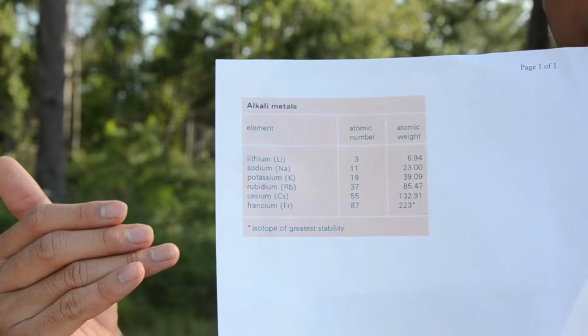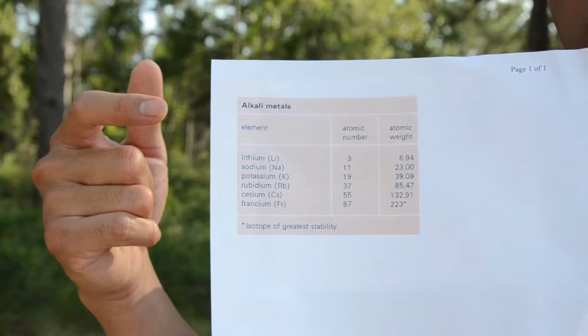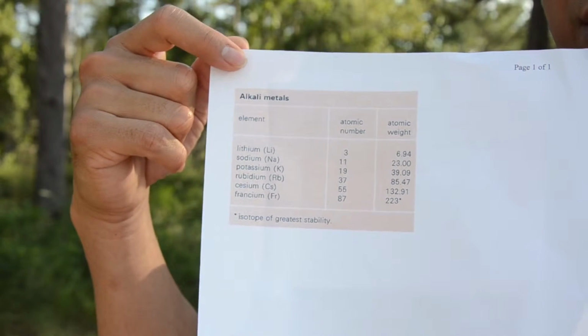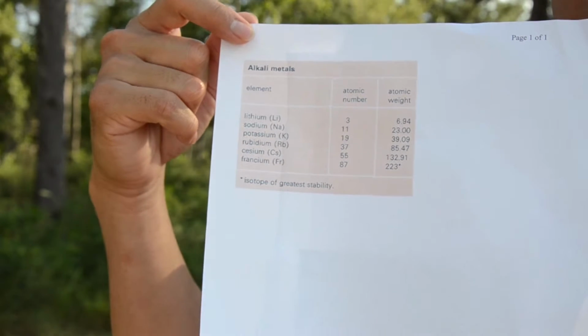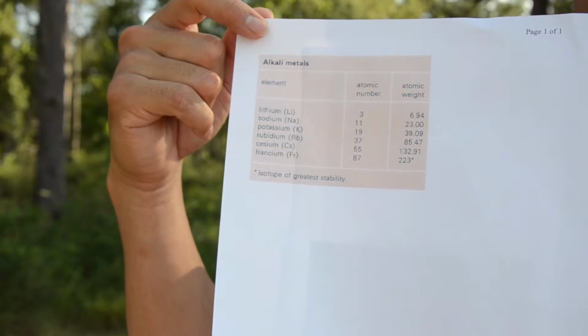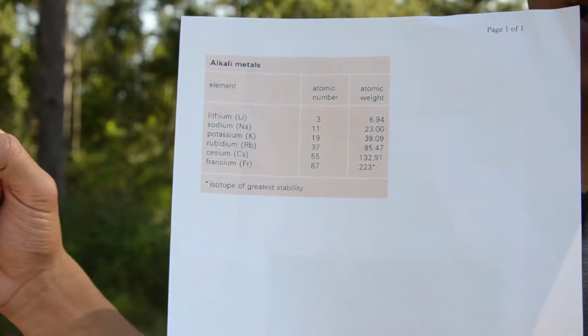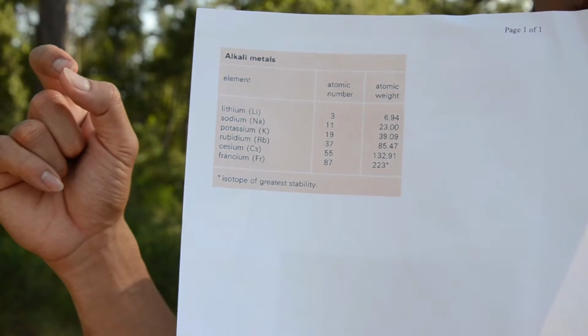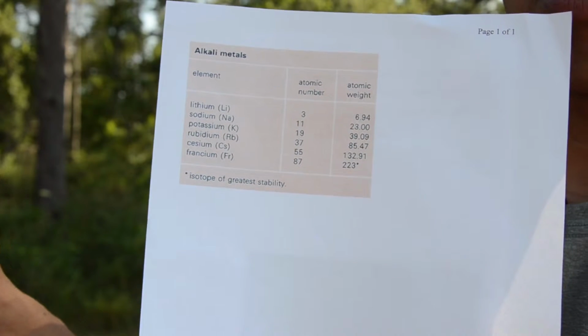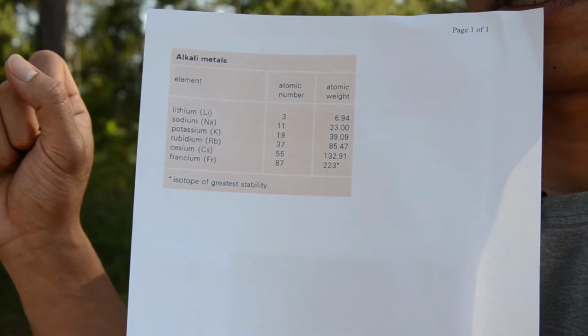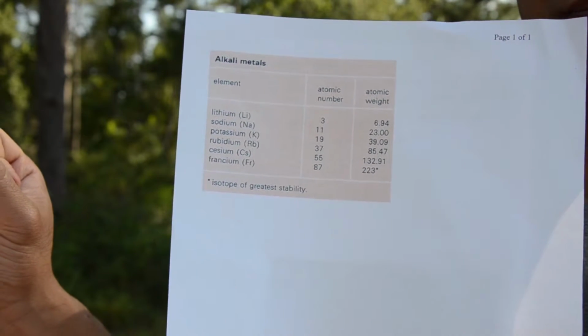Because of low ionization energy, the alkali metals are excellent reducing agents. They are readily oxidized, losing electrons to other substances to become stabilized.